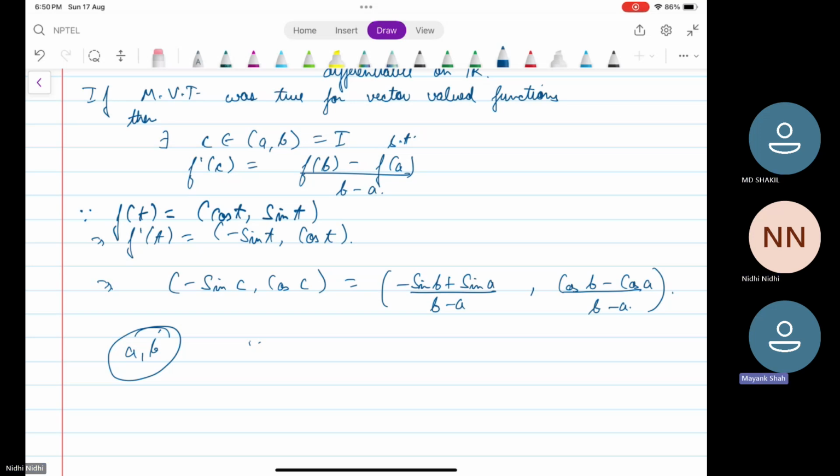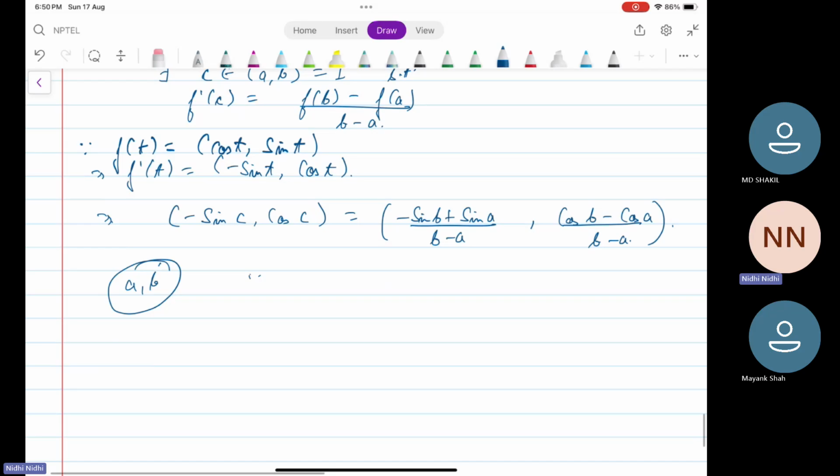Taking a to be 0 and b to be 90 degrees. Yeah, that can work. So if we start with a equals 0 and b equals pi by 2, that means my interval I is 0 to pi by 2. So let's see what issue comes in this case.